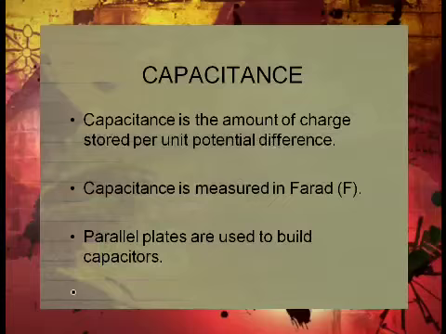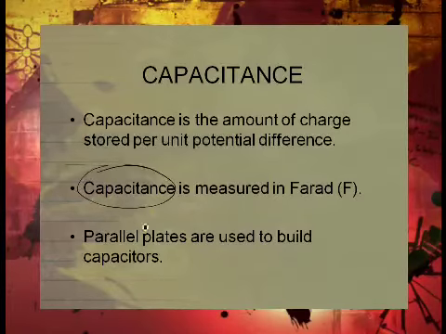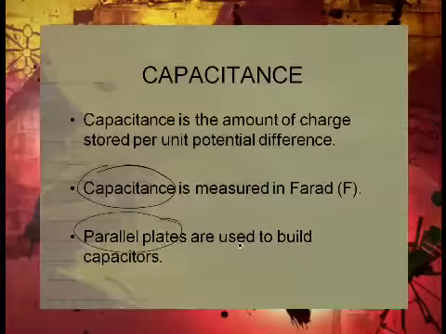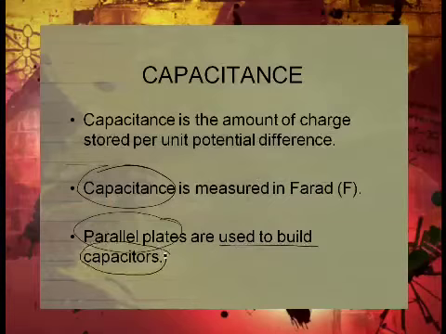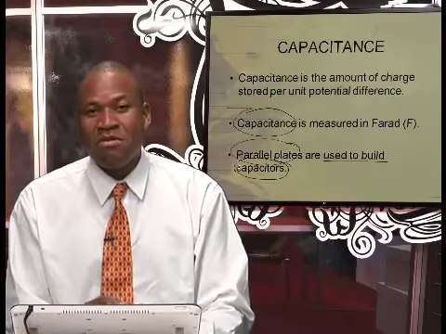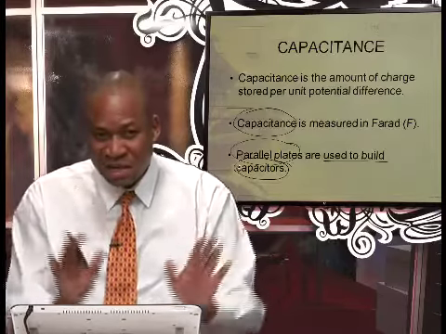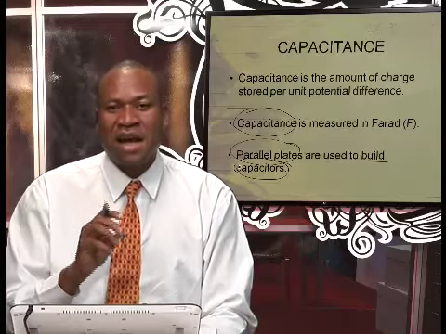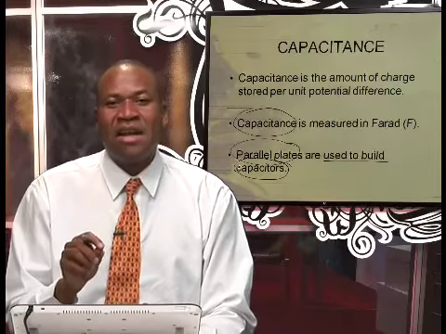Next, when we talk capacitance, there is no way we can talk capacitance without talking parallel plates. Now, there's something very special about parallel plates, and I will explain it as we move on. Parallel plates are used to build capacitors. When you open a radio or TV set, at the back on that board you would see so many different colored cylindrical things.